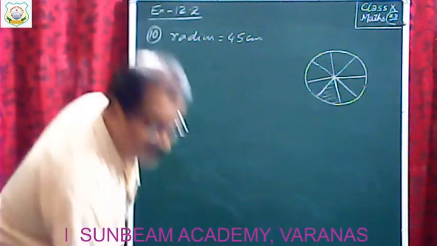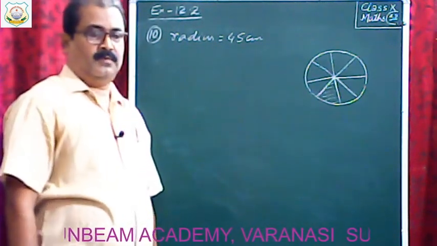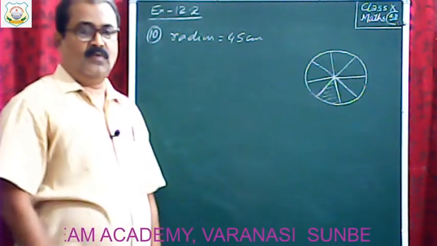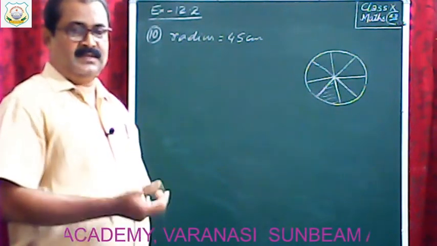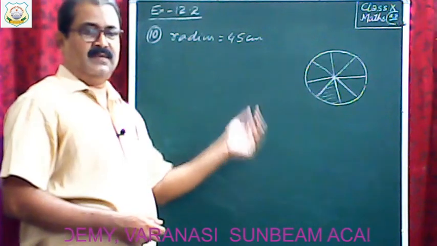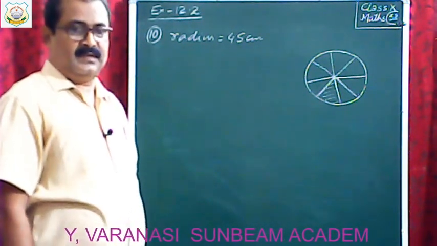Okay, as previous, same thing we have to follow. The circle is divided into 8 equal sectors. We have to find the area of each sector. So nothing, area of circle divided by 8, we get area of each sector.